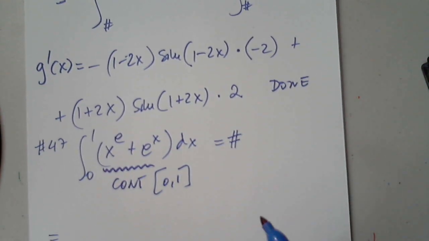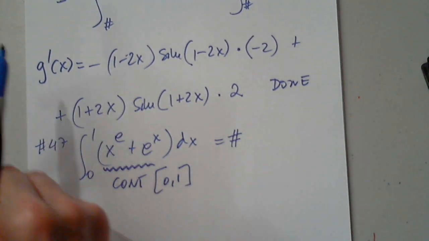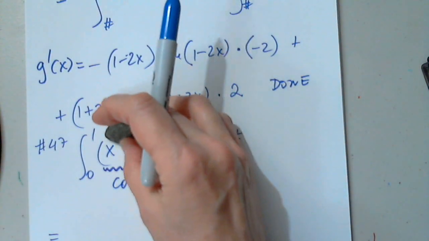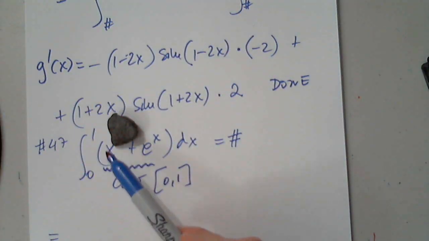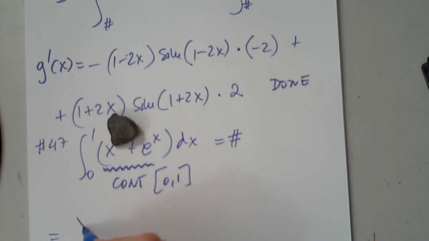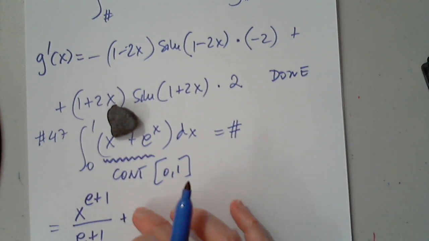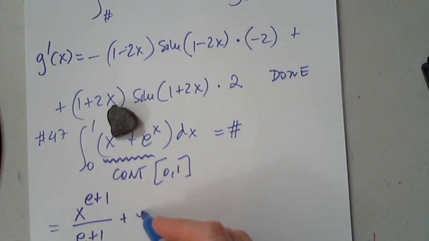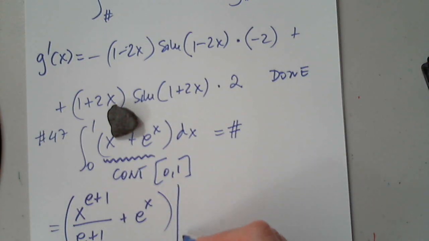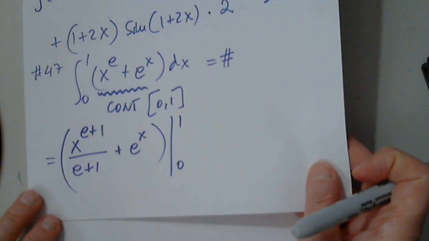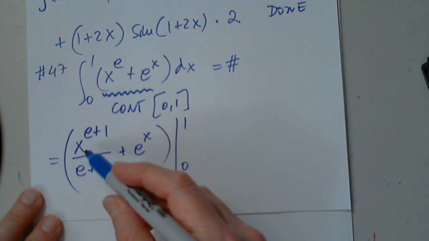So, I know it looks confusing, but this is x to a power. So it's x to the e plus 1 over e plus 1. And which function has e to the x as its derivative? We know that's nice, e to the x, from 0 to 1. So then I plug in 1.